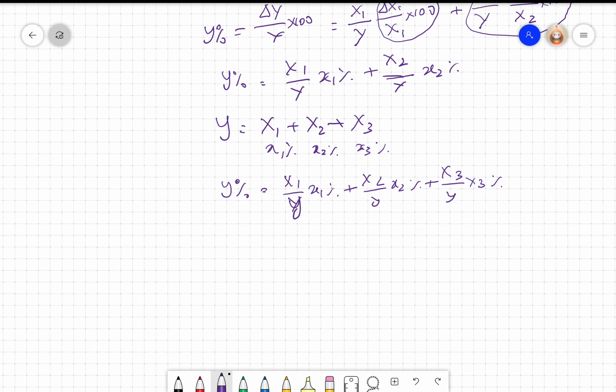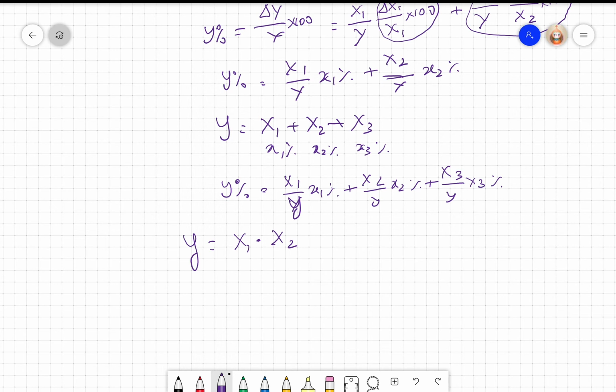Now we take a second case. y is equal to x1 into x2. So we can measure the torque and the angular speed omega. Then I can calculate the mechanical power as omega tau, where tau is the torque, omega is the angular frequency.